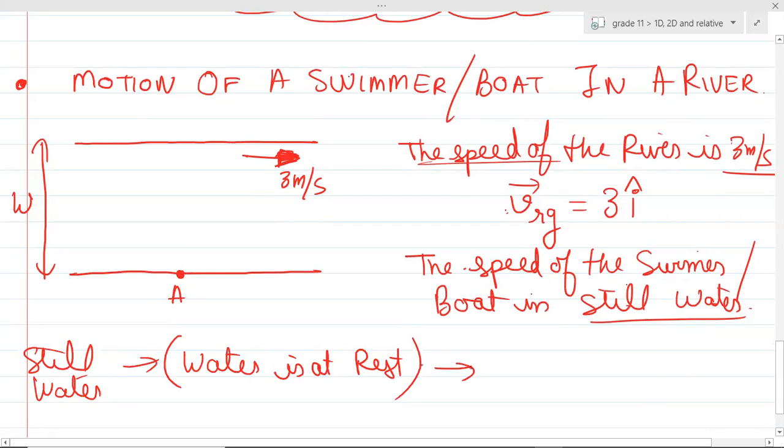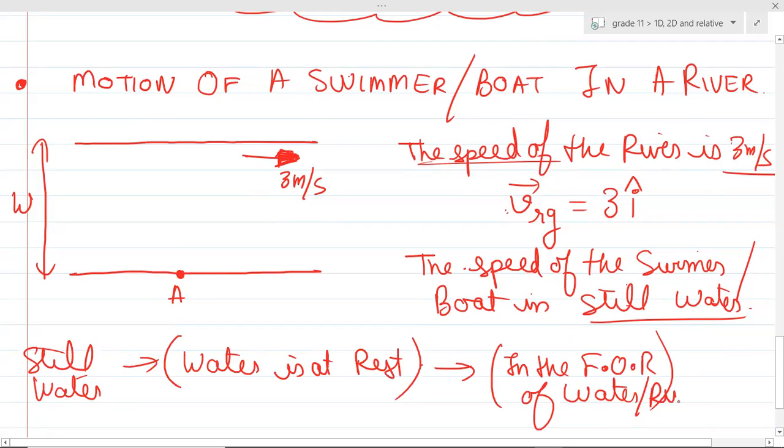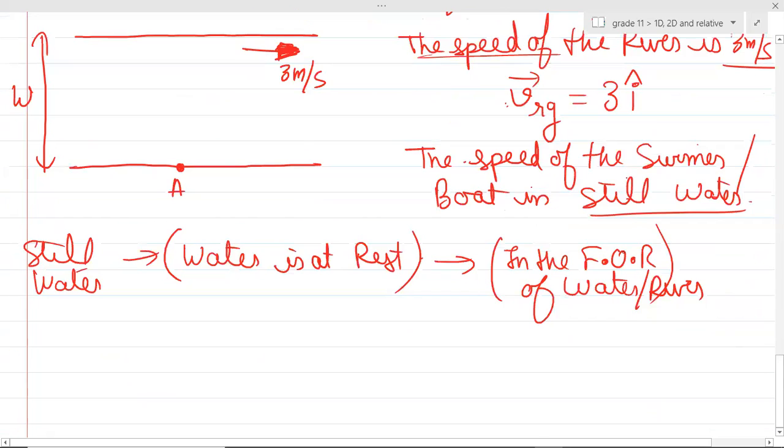If the water is at rest, then can I say it is in the frame of reference of the water, or whatever river it is? So if they have given the speed of the swimmer in still water as, let's say, 4 meter per second, can you see this?